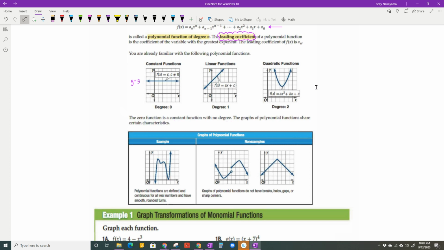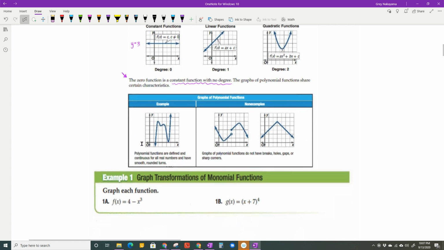Well, now we are going into polynomials, something that's not one of those three. Again, I mentioned the 0 function is the constant function. It has no degree. But here are some examples. This is an example of a polynomial. Polynomials are defined for all real numbers.